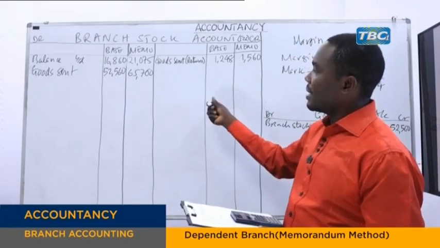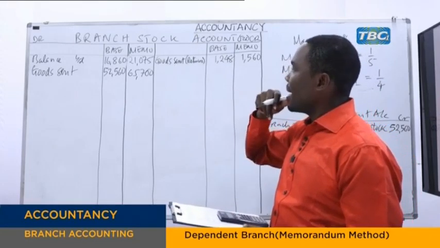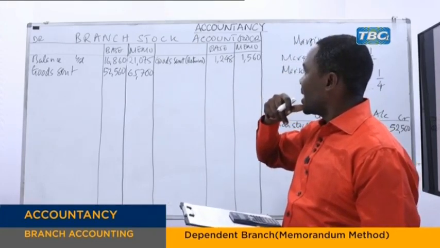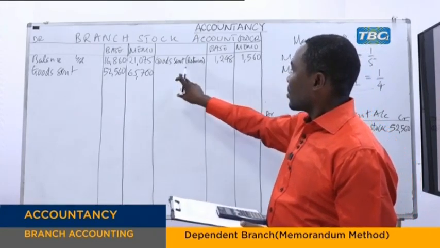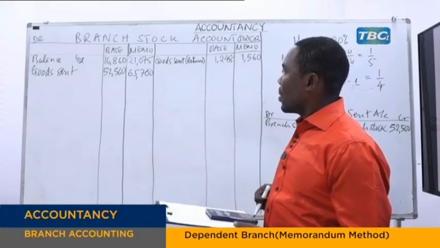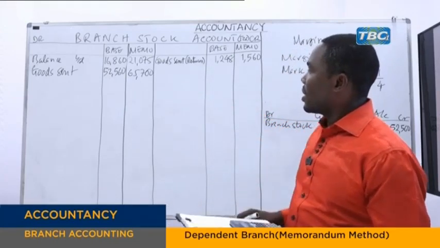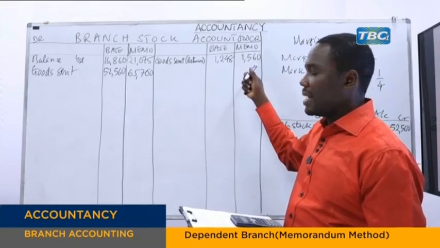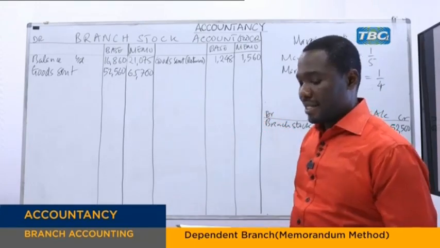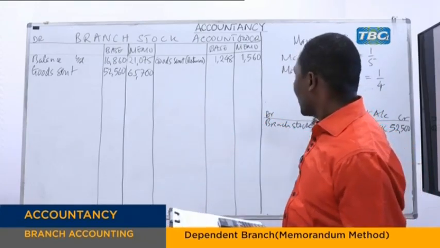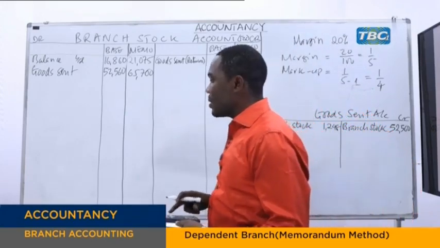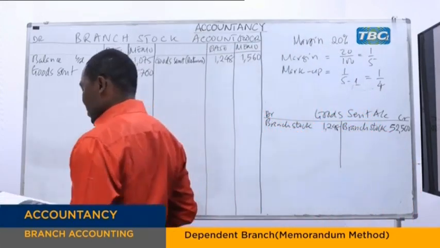So for returns to the branch by branch debtors, we debit the branch stock to recognize the returns, and we credit the branch debtor account, and this should be at selling price.